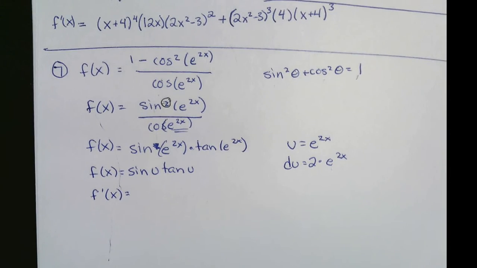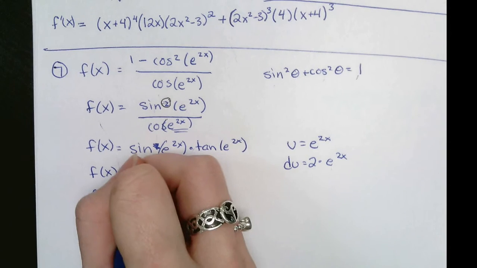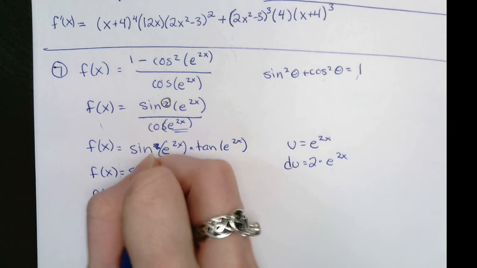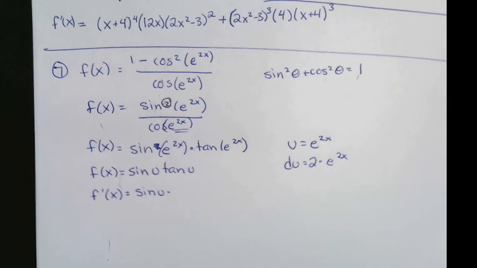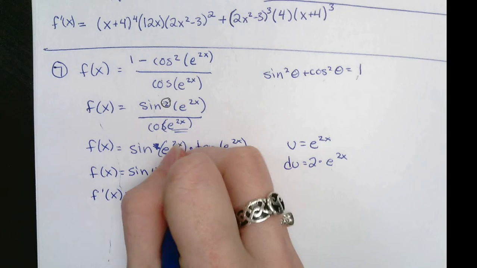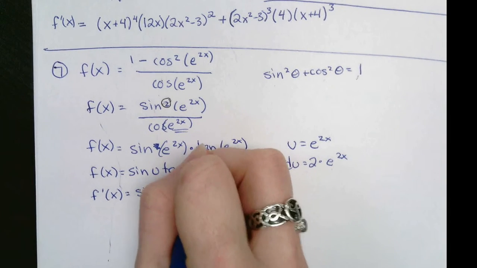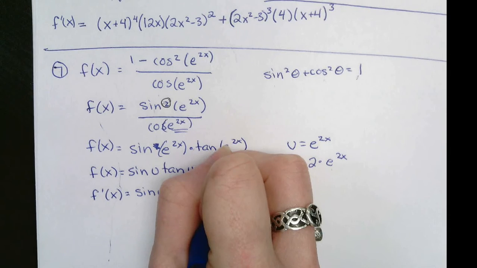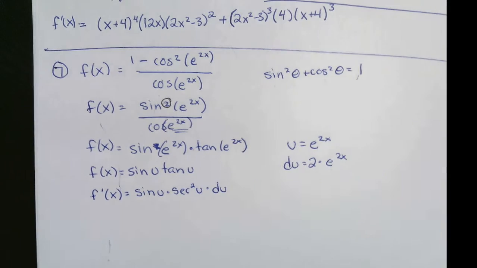It's going to be my left function times the derivative of my right function. So my left function is sine of u times the derivative of the right, and the derivative of tangent is secant squared. So we have a secant squared of u. Now we add in that du. You only add the du if you've taken a derivative.